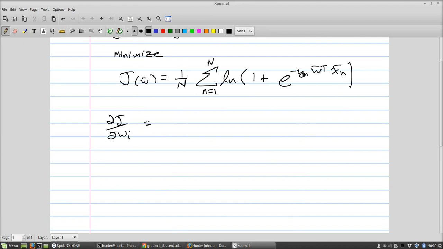The derivative comes past the constant, it comes inside the sum, and you take the derivative of the natural log. The derivative of natural log is the derivative of the inside over the inside. So we have all this stuff, we just copy it, and n goes from 1 to N, and now we have this stuff on the bottom for sure.